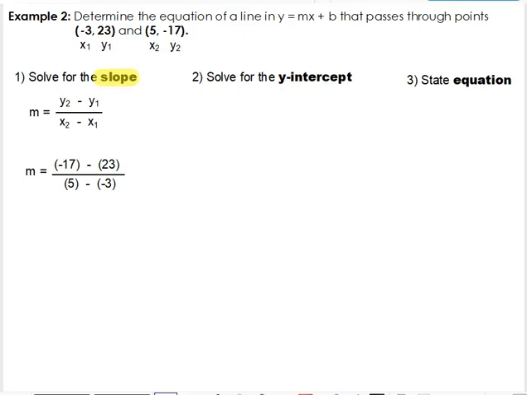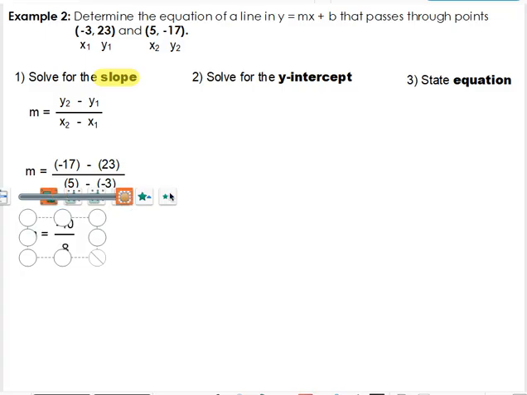And it's really important that that -3 is in brackets, because some of you might know the trick where you see this double negative happening and you know it's got to turn to a positive. If you didn't have the brackets around the -3, it might not be that obvious. So when we simplify the top and bottom, we should get -40 divided by 8.